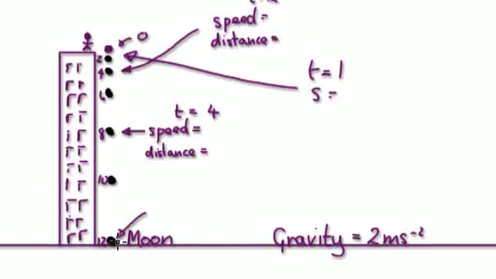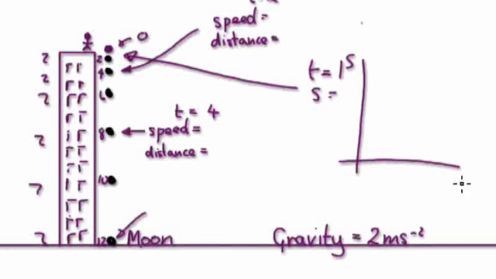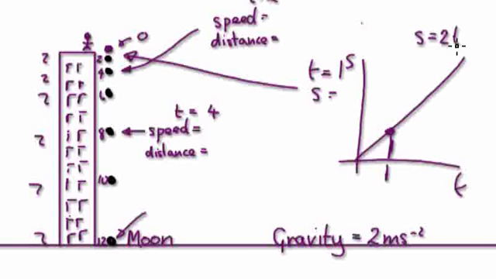When it hits the ground, it's going at 12 meters per second. Okay, and then remember the acceleration is always 2. And if you want to know the distance after 1 second, well, the speed-time graph after 1 second, the speed here is 2, because remember, it's s equals 2t.